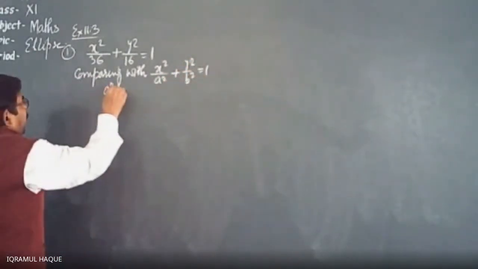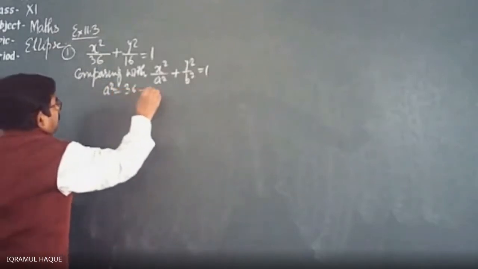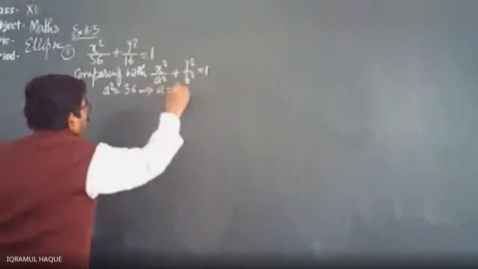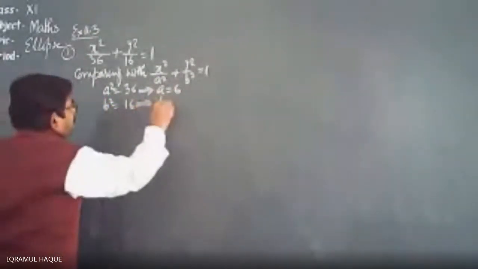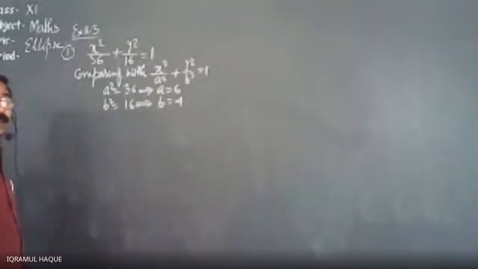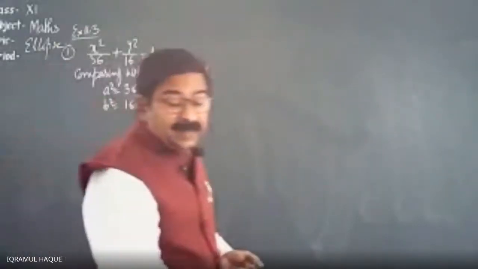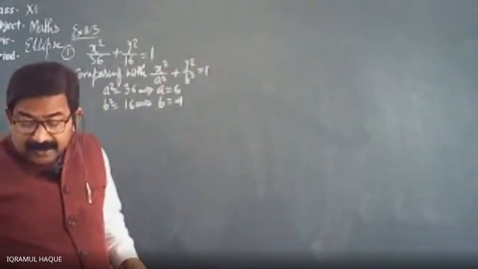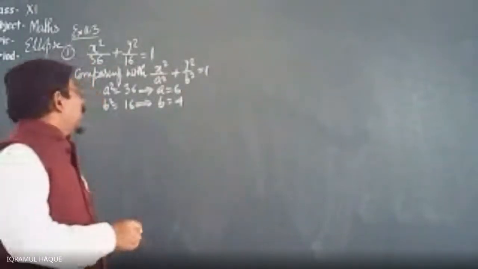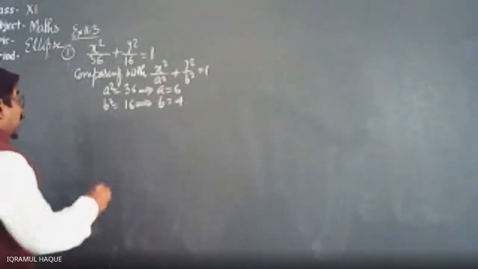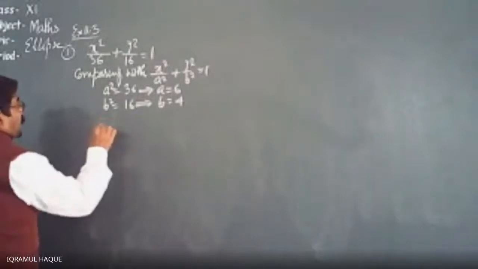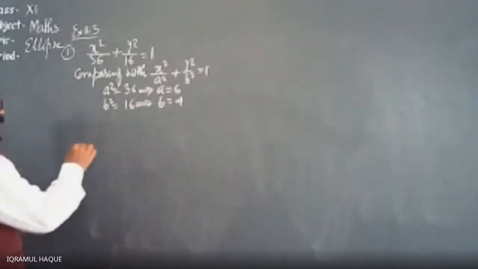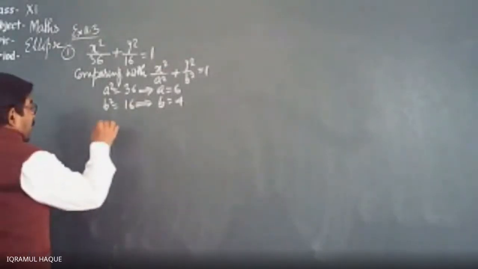So we have a square is equal to 36, so a is equal to 6. b square is equal to 16, so b is equal to 4. Now we have to decide the coordinates of foci and vertices. So first find c. What was the formula? a square is equal to b square plus c square.